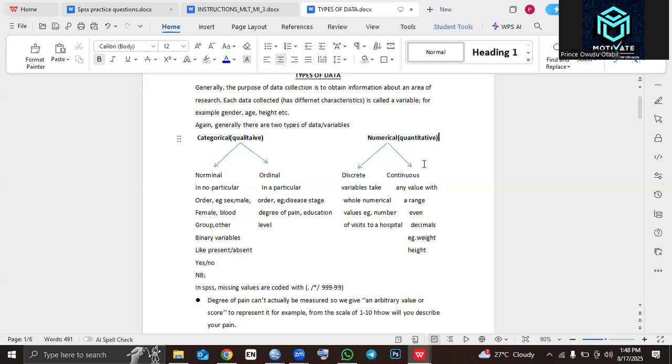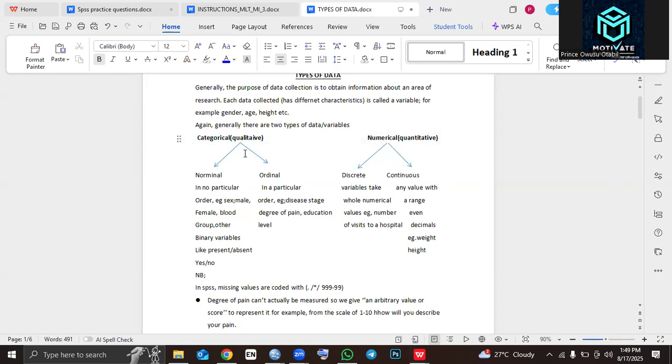When I say quantitative data, they are the types of data that you can measure, like how many something is or how much something is. So numerical data is measurable, but the categorical data are not measurable.